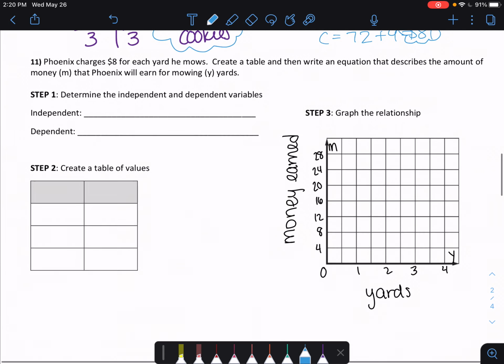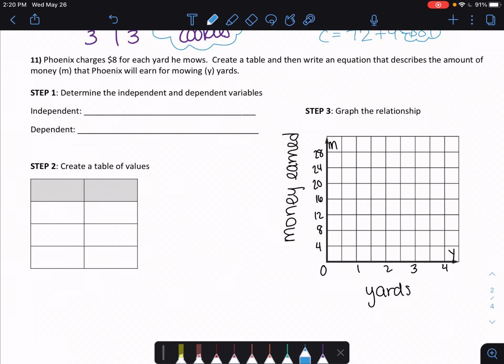Number 11 goes into what we've been working on the last few days, getting the information from an equation or a table, and then creating the graph from that. So this says Phoenix charges $8 for each yard that he mows. Create a table and then write an equation that describes the amount of money that Phoenix will earn for mowing Y yards. So for the independent and the dependent variable, you're going to decide which one depends on the other one.